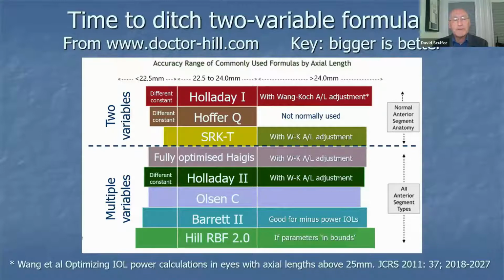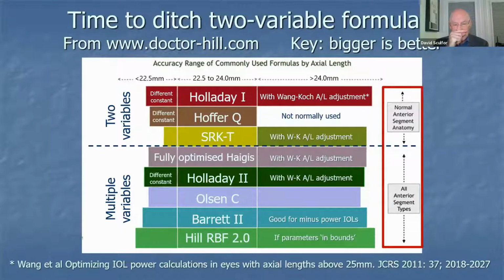But the problem with all these three top formulas is that they rely on there being a normal anterior segment anatomy. If we now move down to the multiple variable formulas, where you are adding in at least an anterior chamber depth, you can see that Wolfgang Haigis, who was really first to market with this formula, still does pretty well these days, certainly outperforms the old two variable formulas.